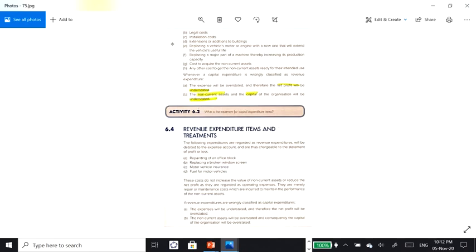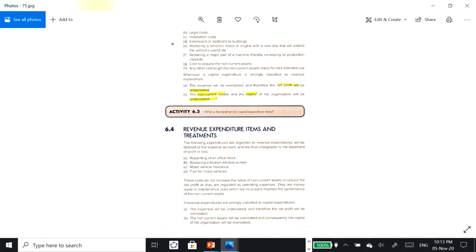Okay, so kenapa capital expenditure and revenue expenditure ni penting? Tengok balik ke atas ni yang highlight tu. Sebab whenever capital expenditure is wrongly classified as revenue expenditure, the expense will be overstated and therefore the net profit will be understated. Kita tak nak company ni bila dia tersalah classify into capital expenditure, maksudnya nilai aset dia bertambah.